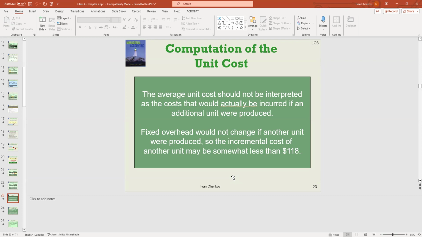No. The cost will be different. For that reason, we have to come up with a separate calculation based on the 3 units, or 1 additional unit, in order to come up with the cost. Why? Because we have so many different costs inside the cost structure here. We may have a fixed overhead, which might not change if 1 additional unit is produced.